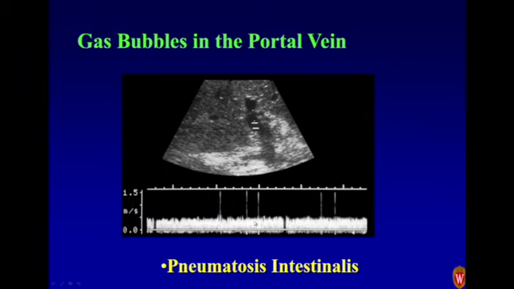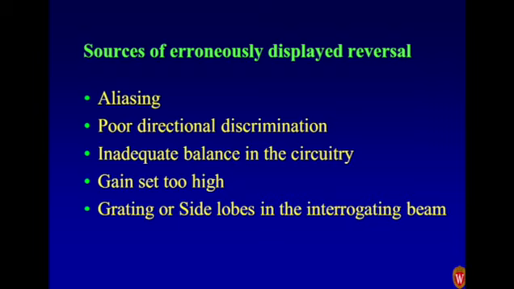It's going along at the same velocity. However, your system is set to correctly paint the reflectors of the red blood cells, but when an air bubble comes by, it's a much, much more intense reflector. The sound coming back is much louder, and therefore a noise spike is painted on that tracing, and that's how you identify air bubbles.